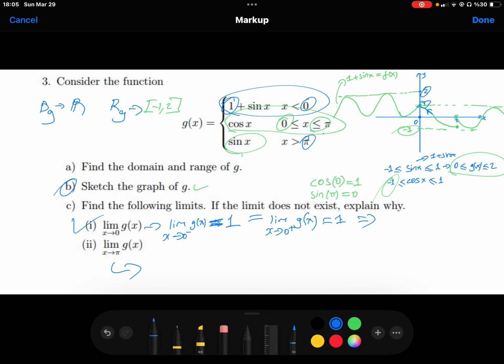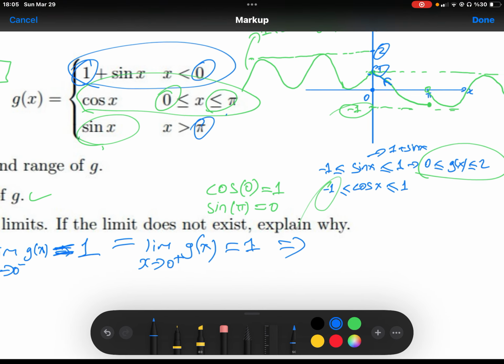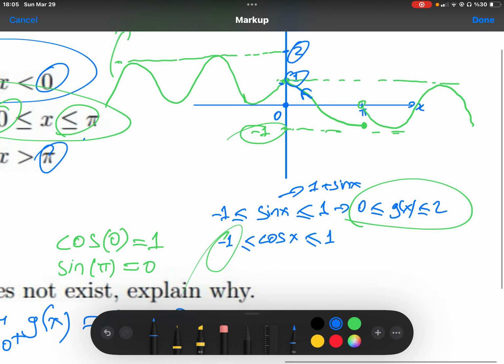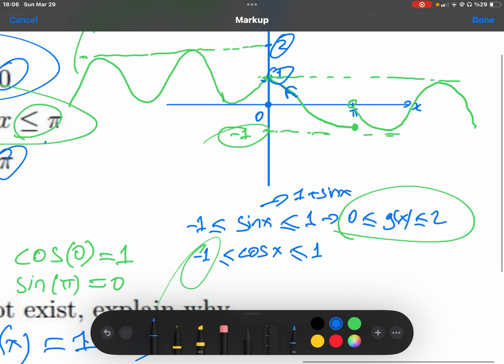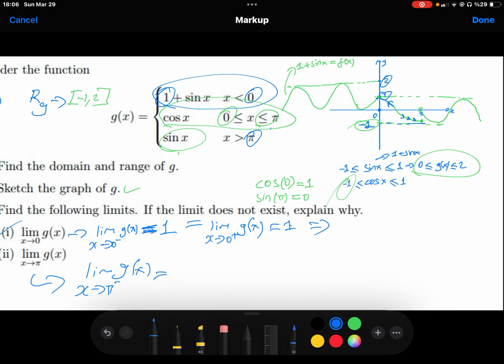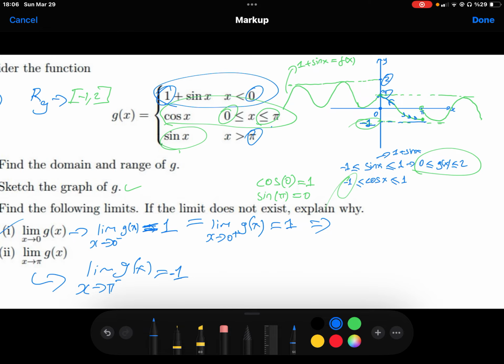For this one, limit as x approaches pi of g of x. If we approach pi from the left, g of x will be -1.